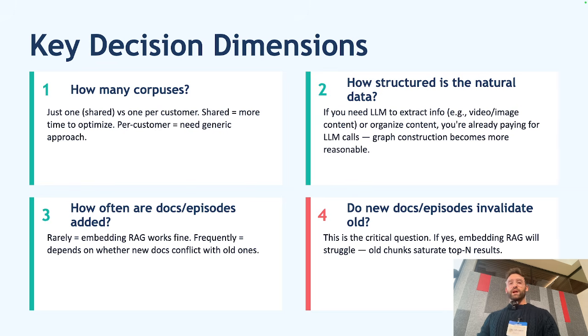The other consideration is how much structure is there naturally to the data. Like in the example of a code base, there's so much structure because humans need that structure to use it themselves. If that's the case, then agentic traversal without knowledge graphs is probably your best bet.